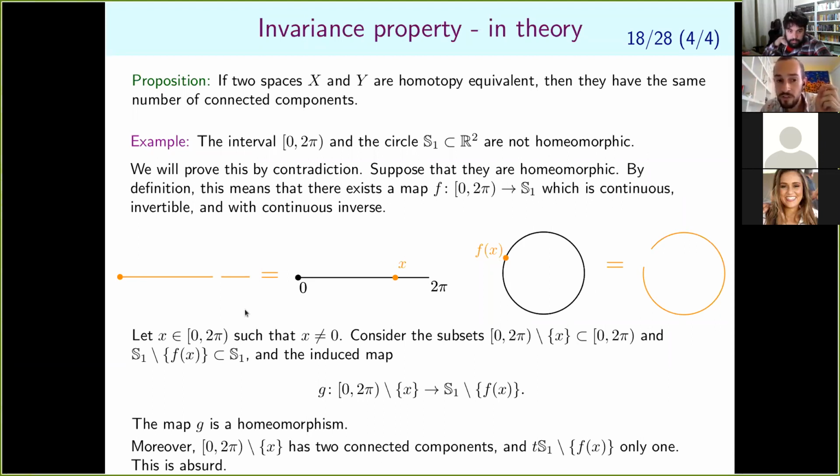So this object on the left has 2 connected components, and this one on the right has only 1. And this is absurd. We cannot have a homeomorphism between objects with different numbers of connected components. So the first statement, the existence of a homeomorphism between the interval and the circle, was impossible.